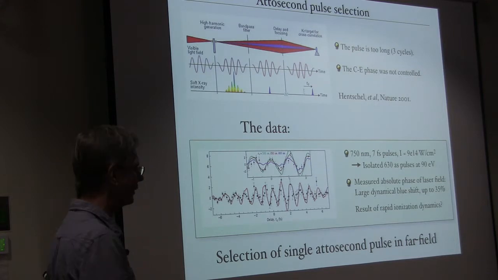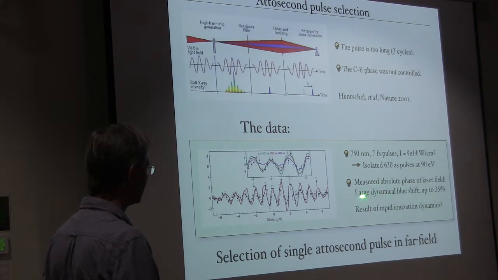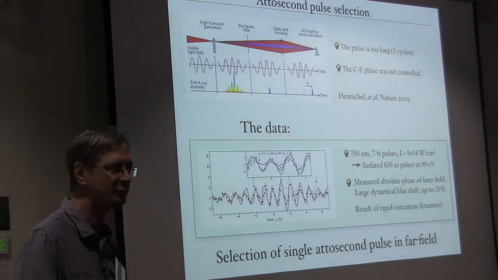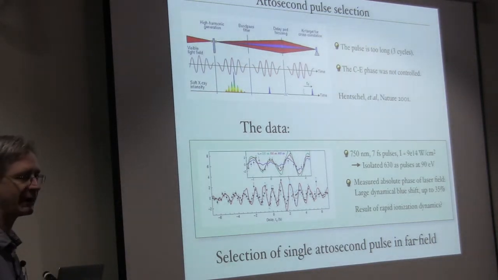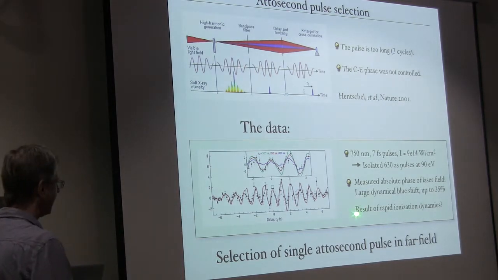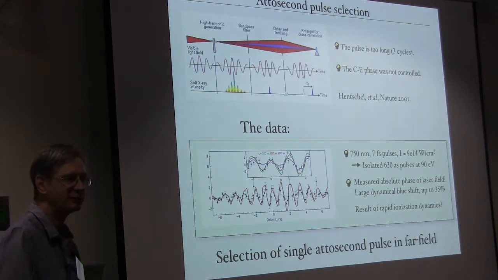Now there's another interesting thing that you learn looking at these oscillations of the laser field which has gone through the gas, is it has a very large blue shift. The frequency has been changed by about 35%. It has blue shifted down to 620 nanometers or something. It's an enormous blue shift. And this is obviously the result of rapid ionization dynamics.